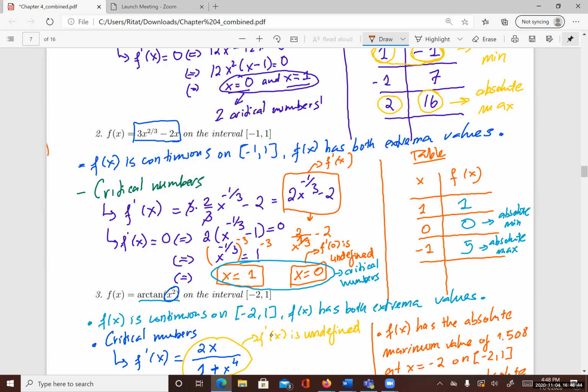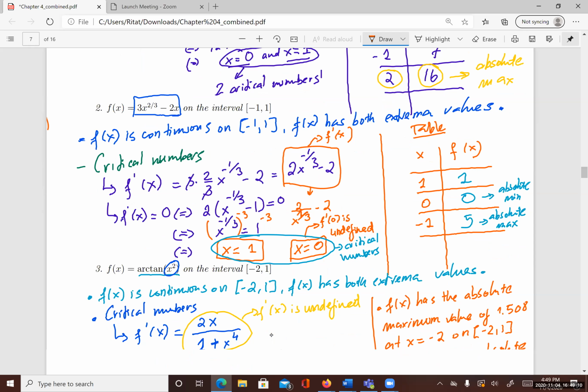Then you find all the critical values, or the values where the derivative equals 0 or the derivative is undefined. And then you make a table, evaluate all the critical values and the two endpoints of the closed interval in order to determine the absolute maximum and the absolute minimum values of a function on the closed interval.